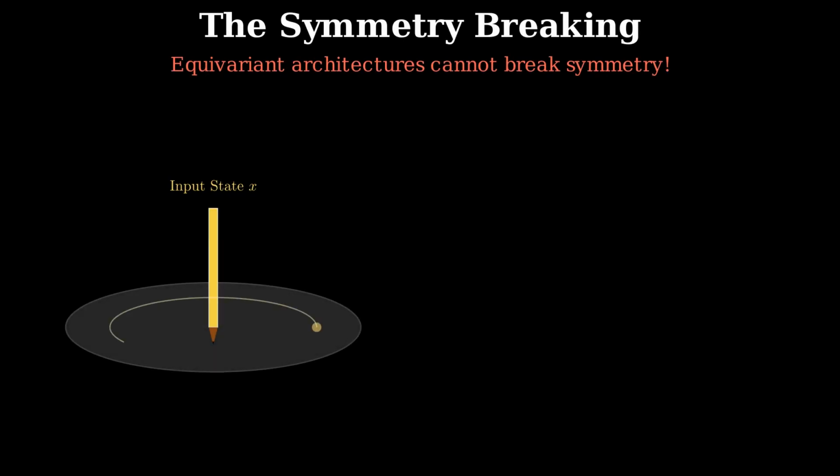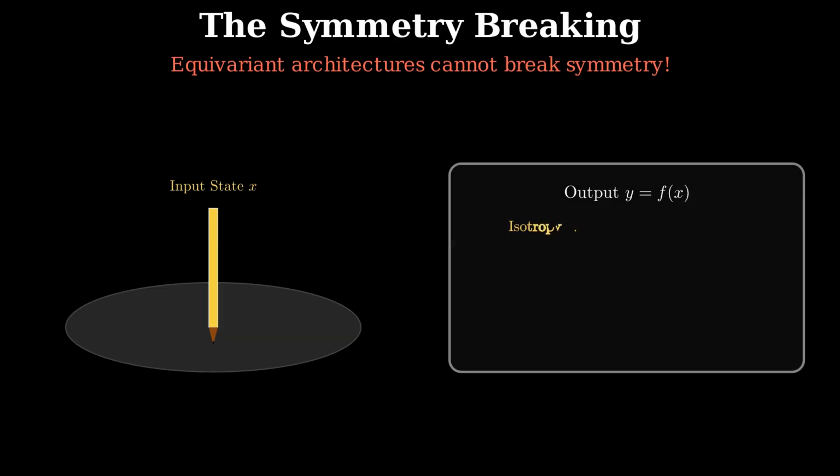Imagine a pencil balancing perfectly upright on a table. This system has perfect rotational symmetry. You can look at it from any angle, and the state x remains identical. If we ask an equivariant neural network to predict how this pencil will fall, the math traps it completely. Take any transformation g that keeps the pencil upright.